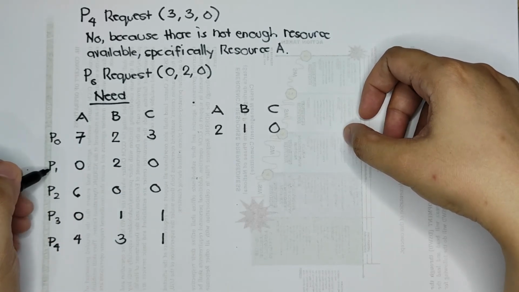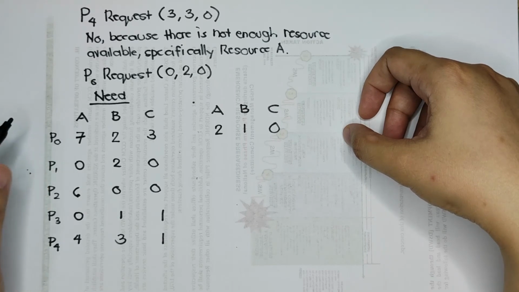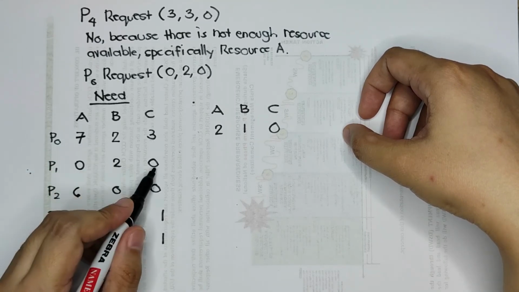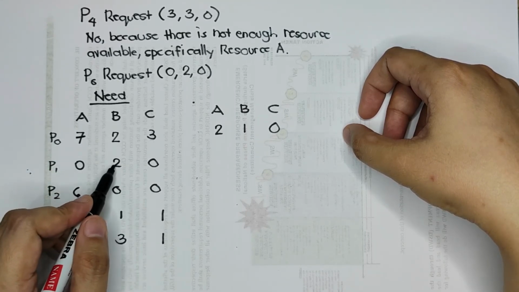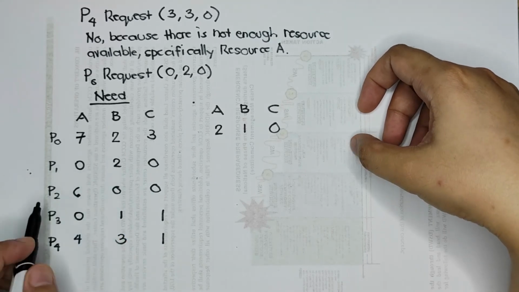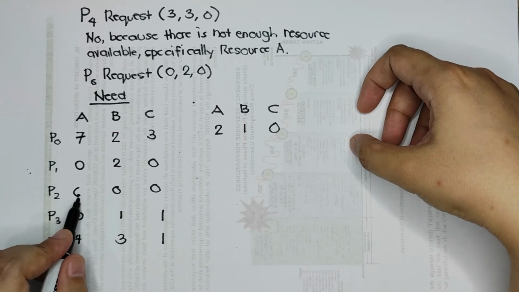Then we have P sub 1. It can accommodate A and C, but it cannot accommodate resource B. So this is also not possible. P sub 2, of course not, because resource A is too high.